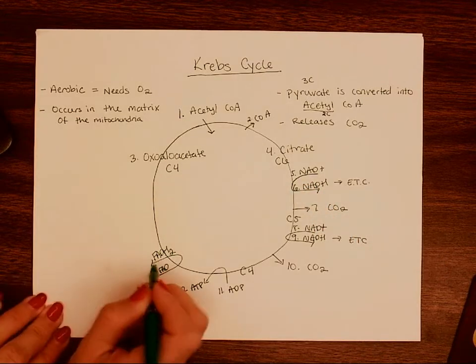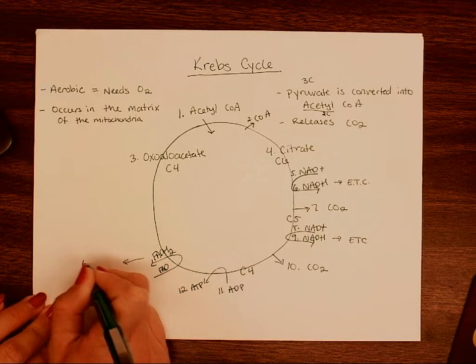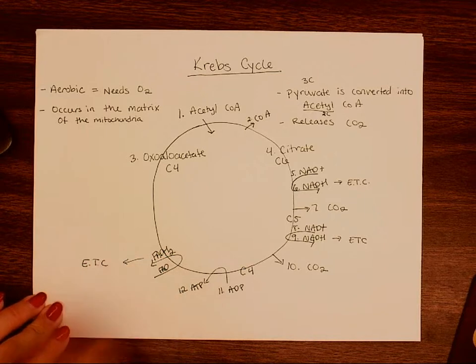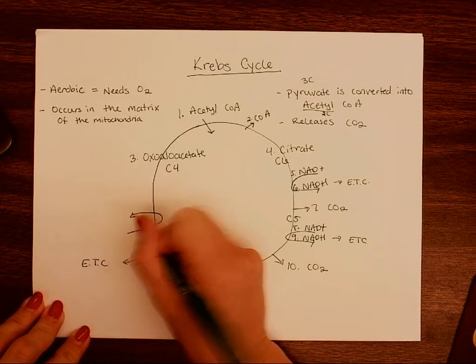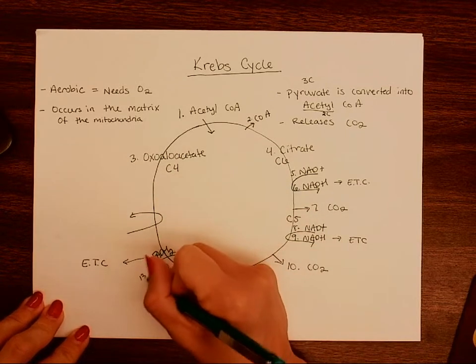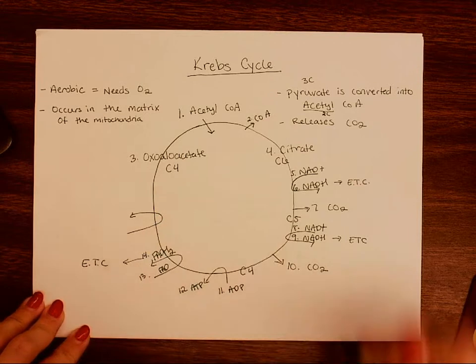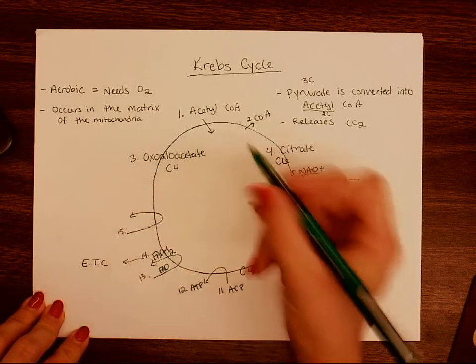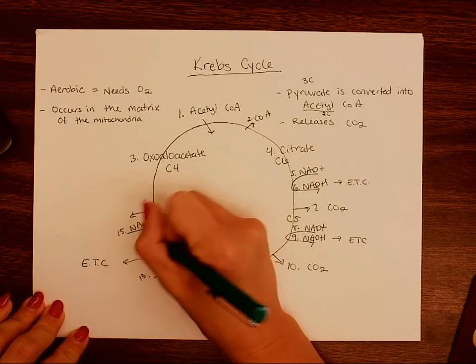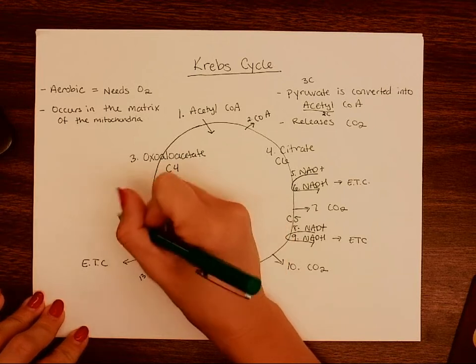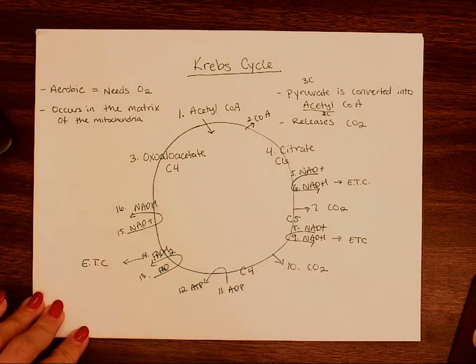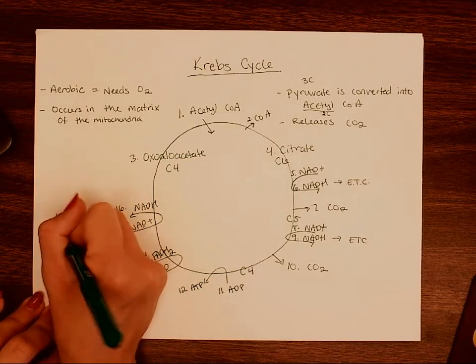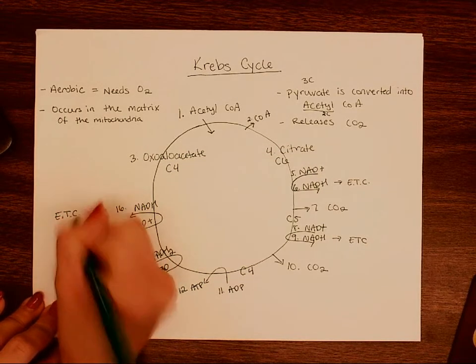FADH2 is going to take these electrons to the ETC. And then we have more electrons being taken. Keep up with my number here. That's 13, step 14, step 15. We have NAD plus comes in, takes electrons, and it turns into NADH. And again, these electrons are free then to go to the ETC.